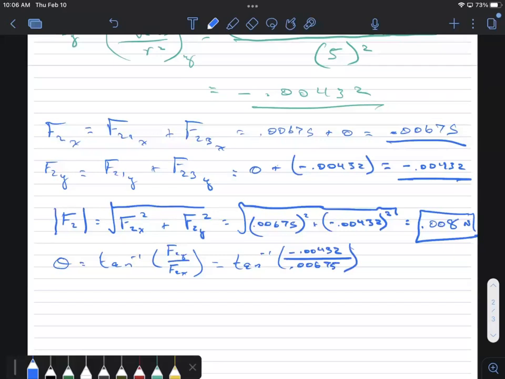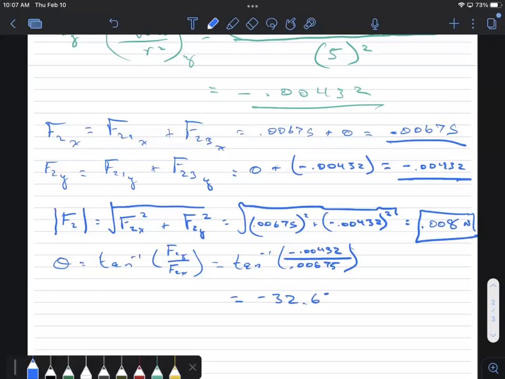And of course, before I do this calculation, I'll make sure I'm in degree mode, not radian mode. So I have minus 0.00432 divided by 0.00675. And then inverse tangent of that, I get an answer of negative 32.6 degrees.